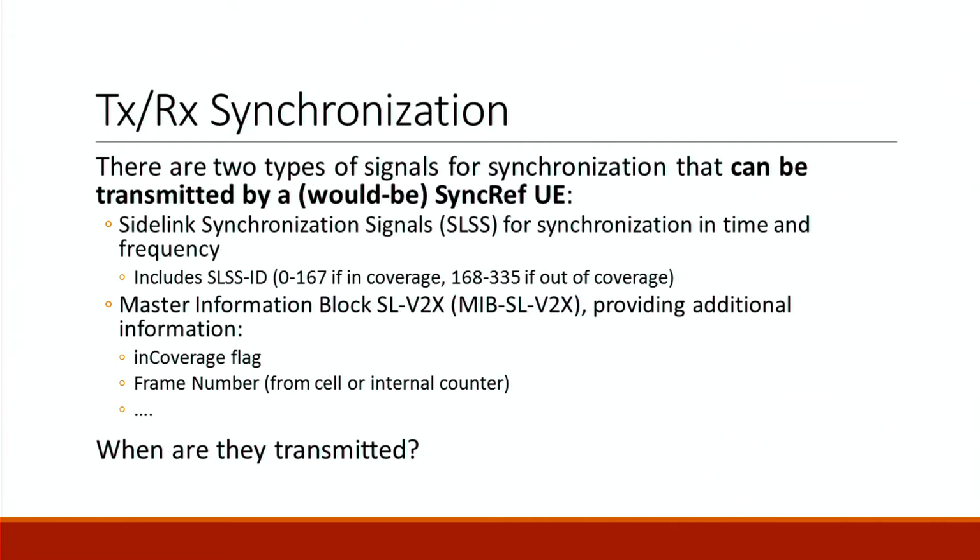This number is an 8-bit number that by convention, if the UE is under coverage, it will select a number between 0 and 167. If the UE is out of coverage, it will select a number between 168 and 335.